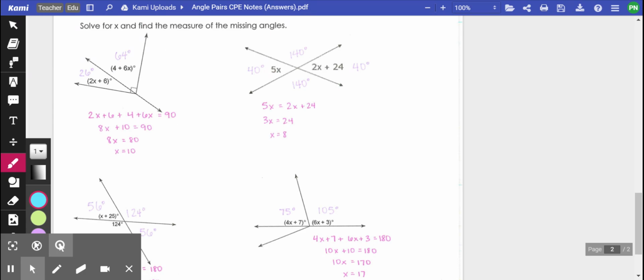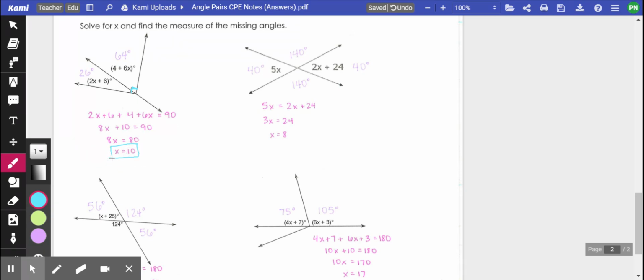All right, so here are the answers to these 4 problems. Our first example, you want to be setting them equal to a total of 90 degrees because you do have the right angle in here. So that means you're forming 90 degrees. So 2x plus 6 plus 4 plus 6x equals 90. You should be getting a solution of x equals 10 in the end.